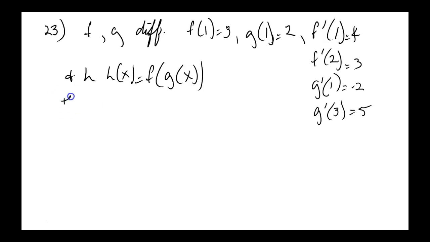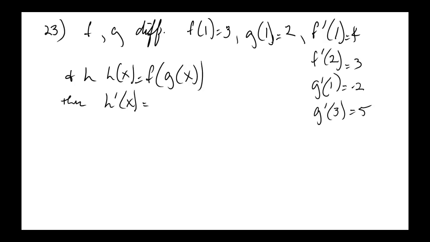Then h prime of x, no, h prime of 1. Let's do h prime of x first, and then we'll plug in. What is h prime of x? Now, this is chain rule, okay?